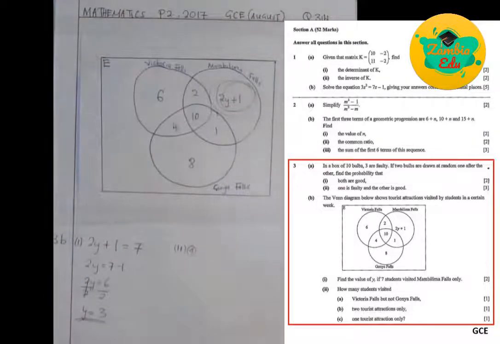And the question is, how many students visited Victoria Falls but not Gonia Falls? How many students visited Victoria Falls but not Gonia Falls?